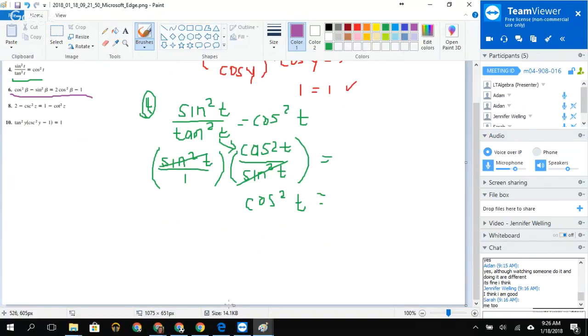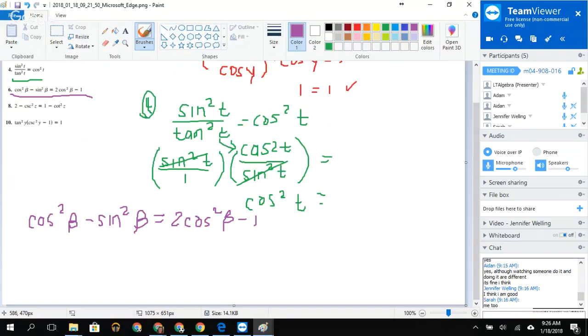All right, so we've got cosine squared of beta minus sine squared of beta equals 2 cosine squared of beta minus 1. I should probably get everything on one side of the equation.